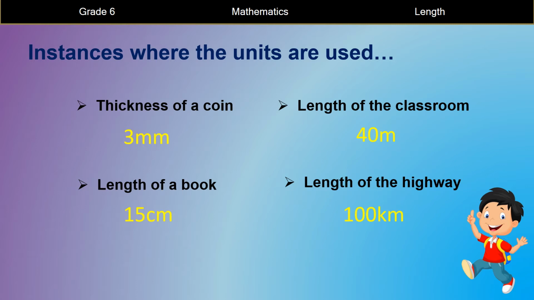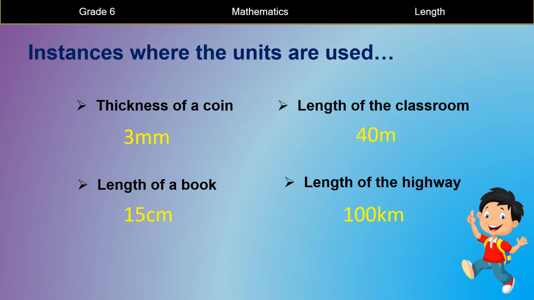And length of the classroom, we use meters, because a classroom has a normally bigger length. Length of a book is comparatively small, so we use centimeters to measure the length of a book. Centimeters.